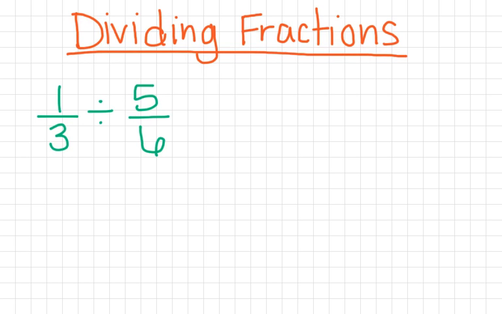When we do a problem like this, we have to do something in particular with the second number, the one that's dividing. So what we're going to do is we keep the 1/3 the same. And remember, multiplication and division are like opposites of each other, just like addition and subtraction.